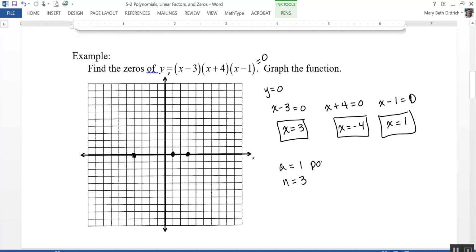So this is a positive number and this is an odd number. From the last section I know that my end behavior is going to be down on the left and up on the right. So my graph could look something like this. Don't know exactly how high and how low it's going to go, but that's what the graph would look like.